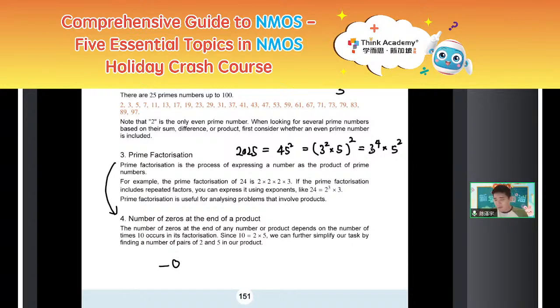Odd number, 10. Okay, it's a multiple of 5 or a multiple of 10. Yes, actually, all the numbers that end with 0 will be a multiple of 10, right?